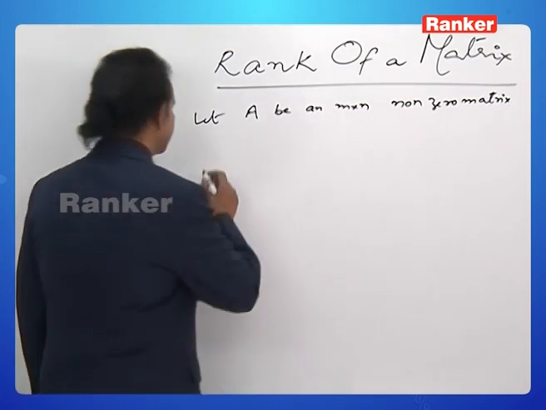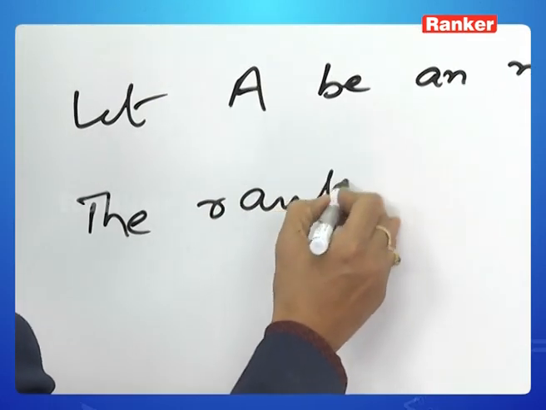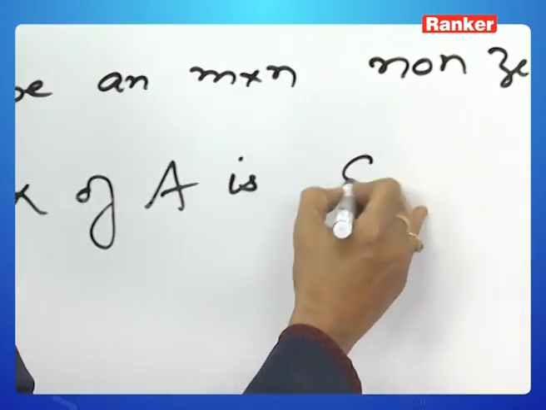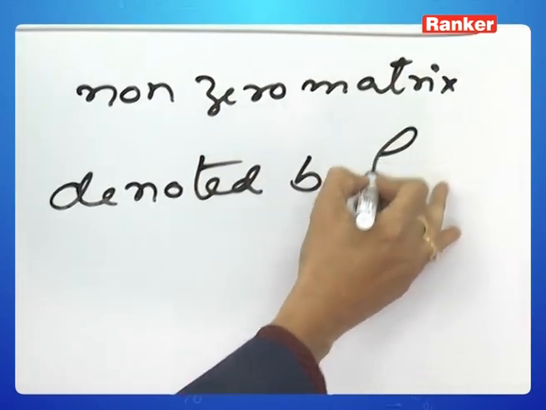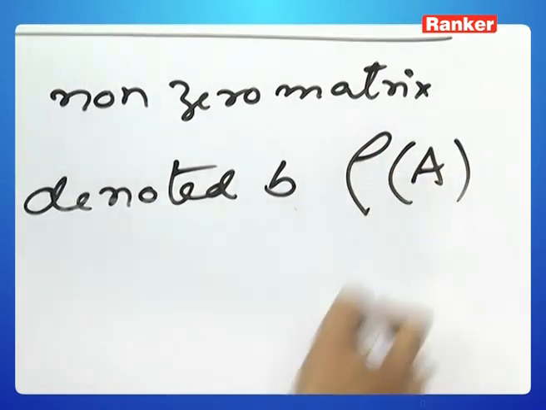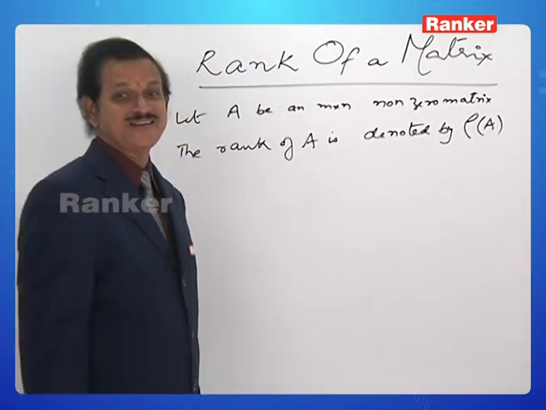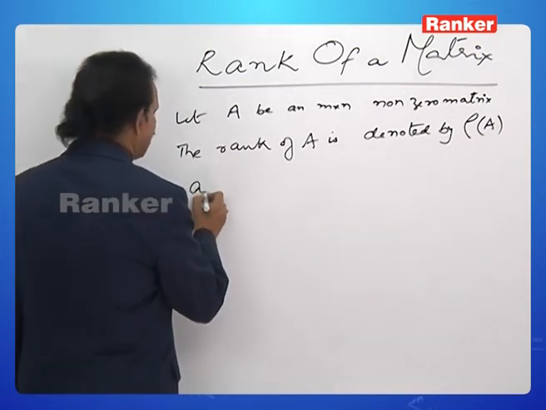Well, the rank of A is denoted by rho of A. Even though it is written as rho of A, we read it as rank of A, as follows.